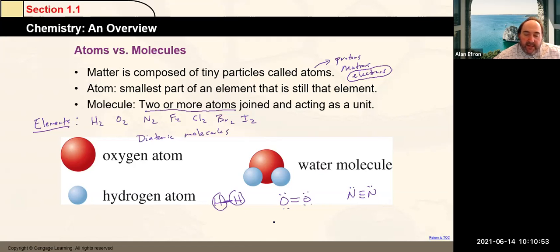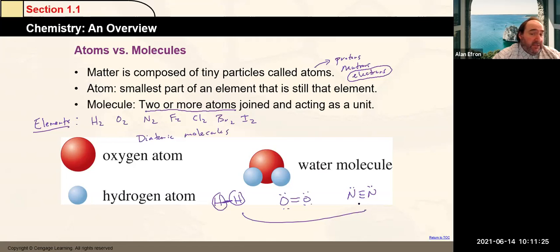Now, all these are molecules, and they're all also elements, because they contain the same atoms from the same element. Like hydrogen, there are two hydrogen atoms, two oxygen atoms, two nitrogen atoms. So that is typically how these elements come. If you say you have molecular hydrogen or molecular oxygen, uncombined, it should always be H2, which is a gas.